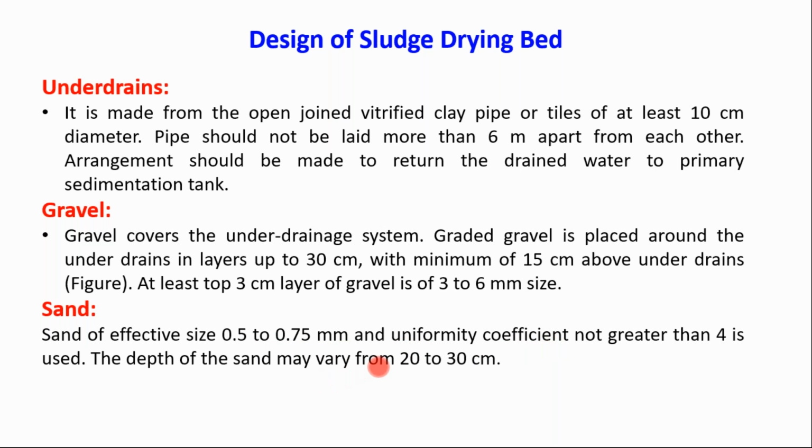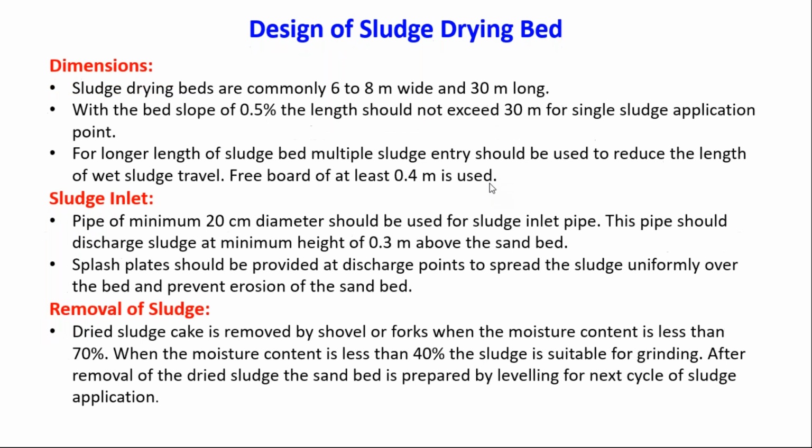The depth of this sand may vary from 20 to 30 centimeter. So depending on the requirement, depending on the flow rate, depending on the quantity, we are going to utilize these different types of layers and different size of particles.